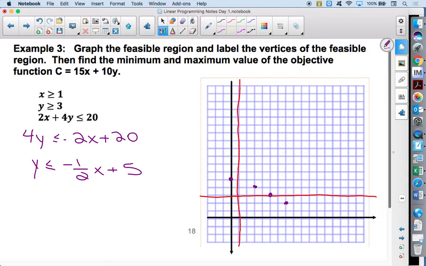We could probably count it by 2s. So it's a little triangle. In our homework, we only have to shade the area, that's fine.